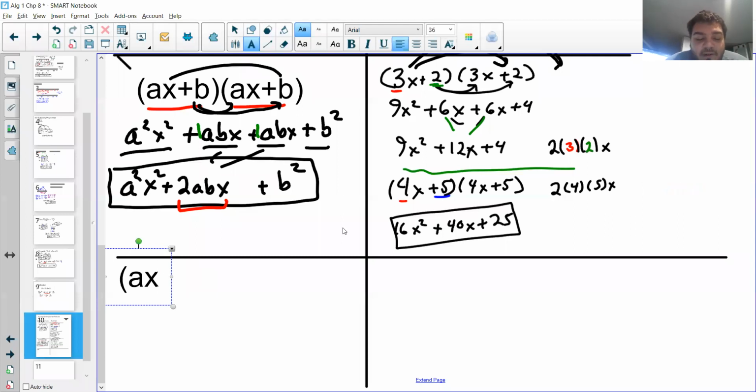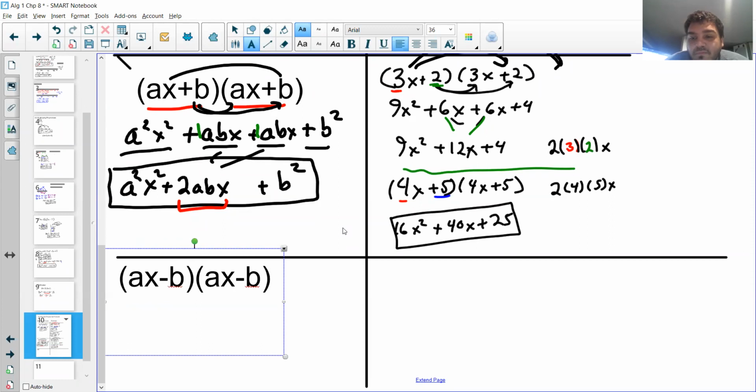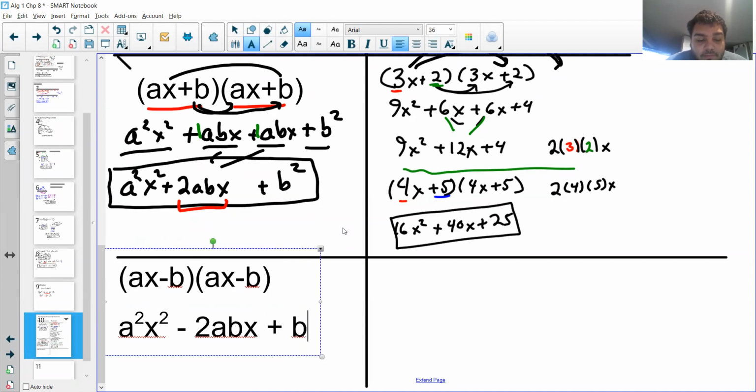All right, the last one is going to be ax minus b, ax minus b. Why I say it's a half a rule is because it's very similar to the rule above. The only difference is a squared x squared, minus 2ab x plus b squared.